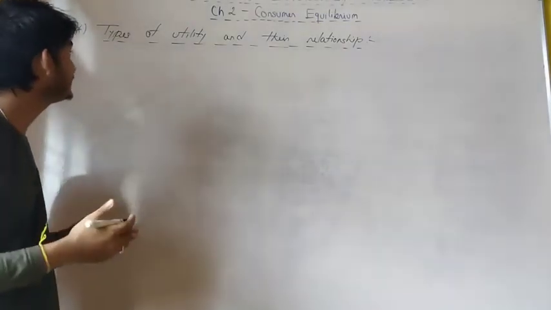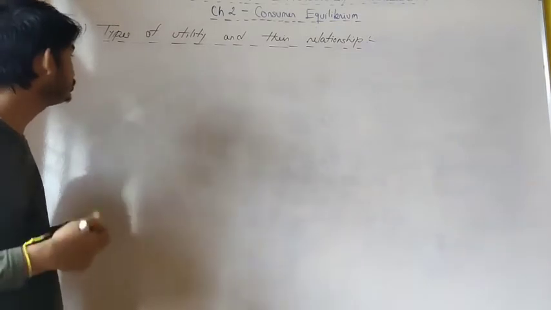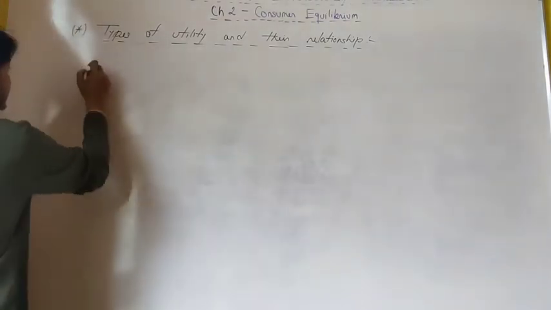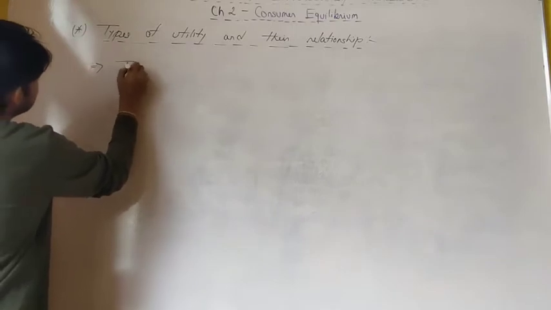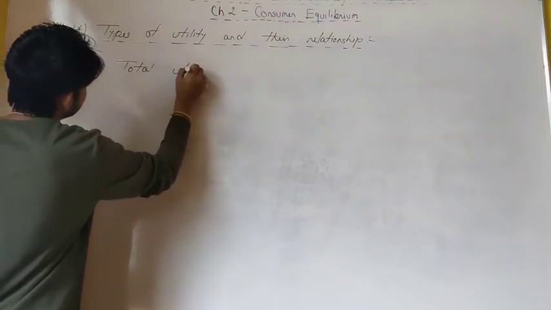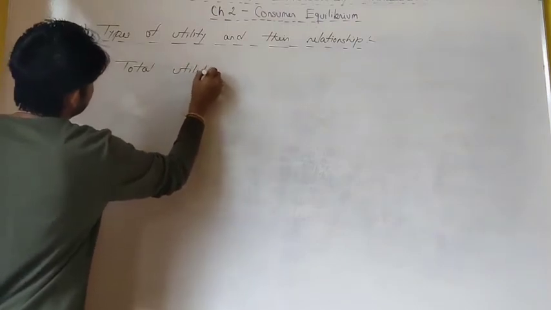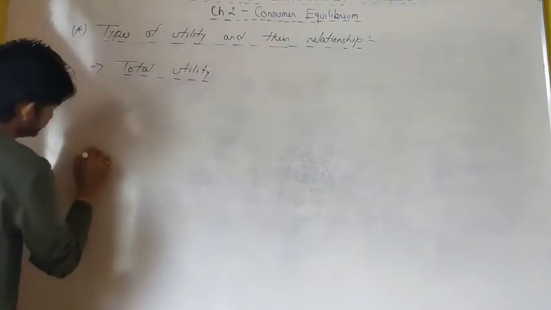And this utility can be broadly categorized into two different types. The first one is the total utility, and the second one is the marginal utility.